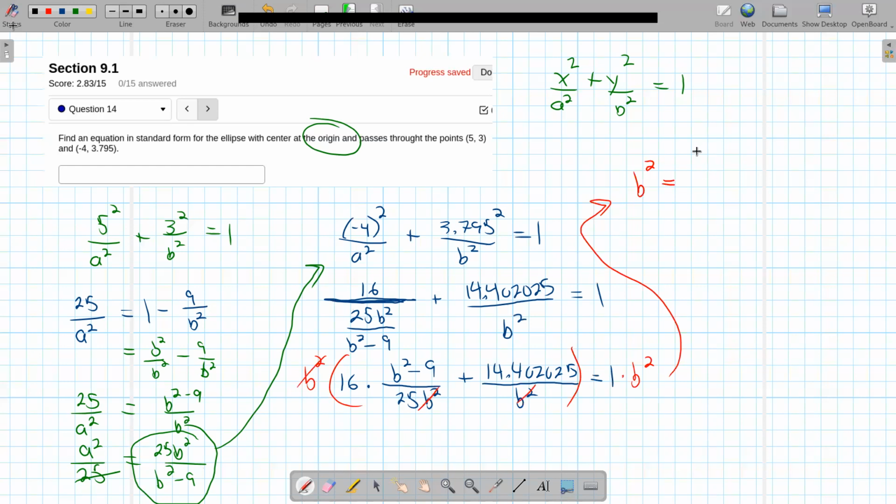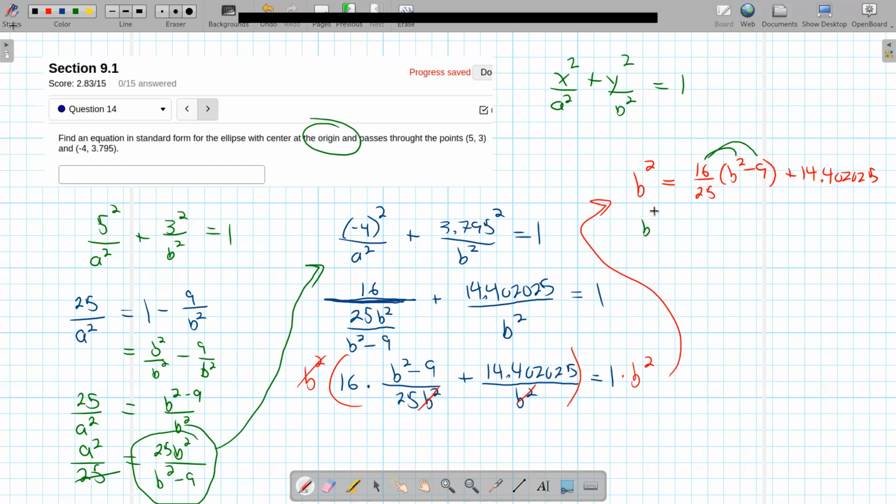So we get 16 over 25 times b squared minus 9 plus that 14.402025. And we clean up that side right there. Now we still have a b squared here. We need to get over to the other side. So we're going to have to distribute.